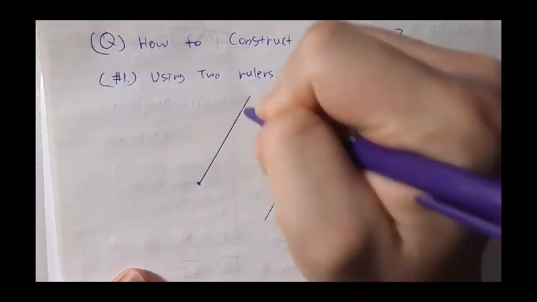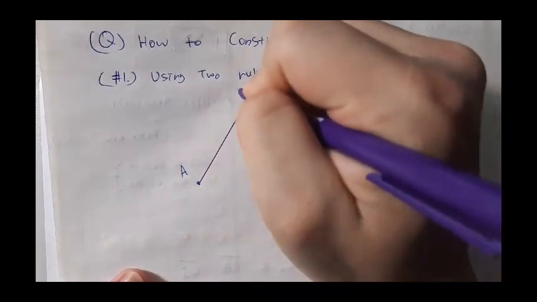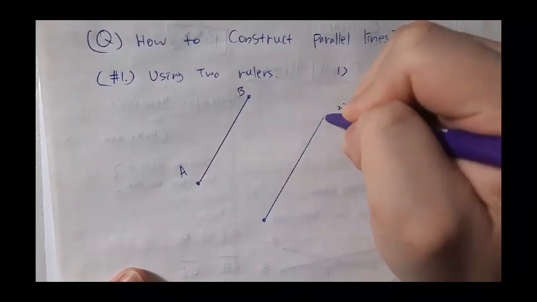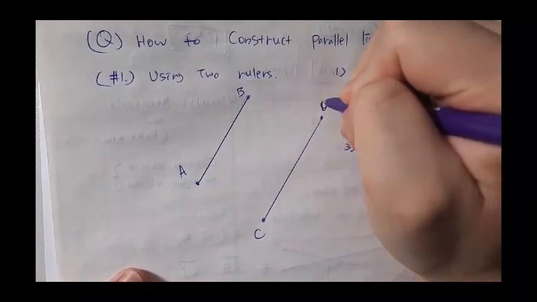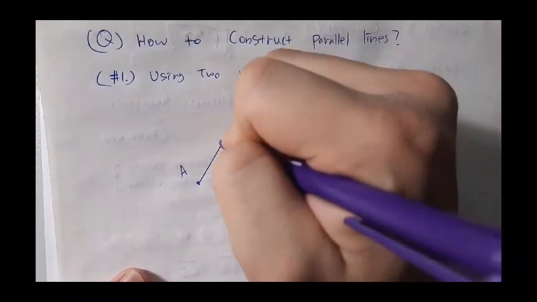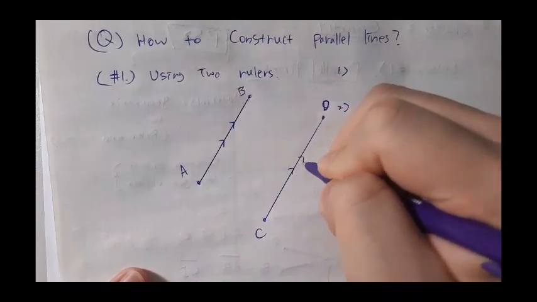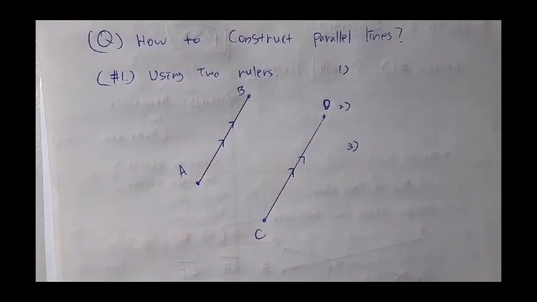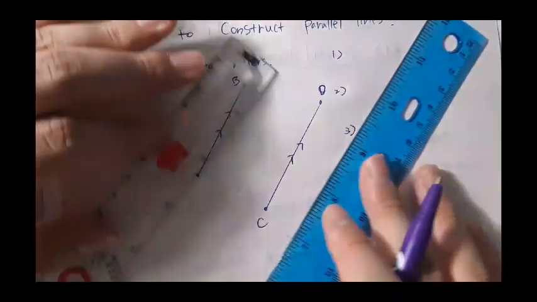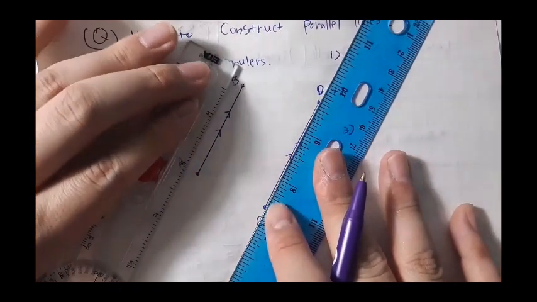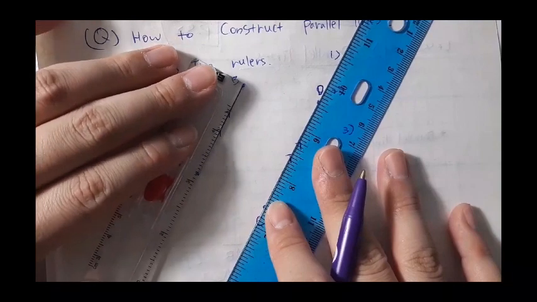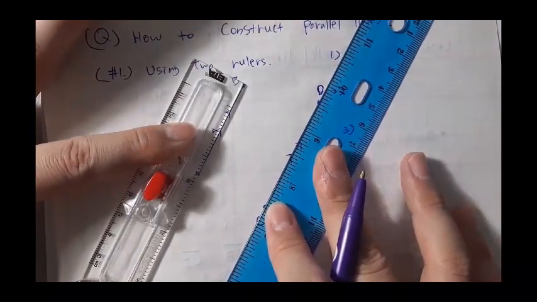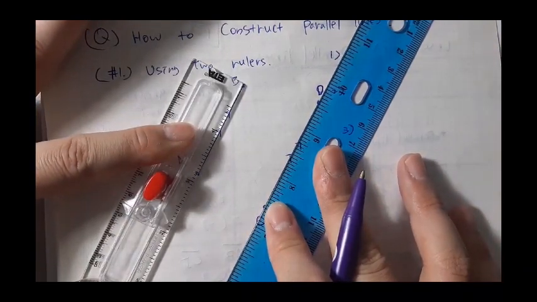I'm gonna label these line segments A, B, and C, D, something like that. And these two are parallel together. And even if I extend those lines completely, you may notice these will not touch each other. It's gonna go straight lower left and upper right.